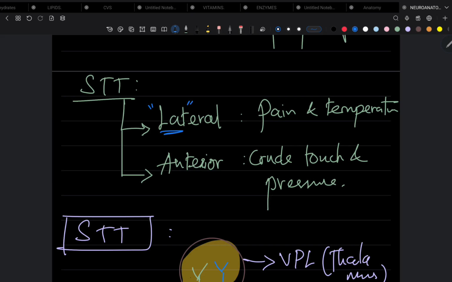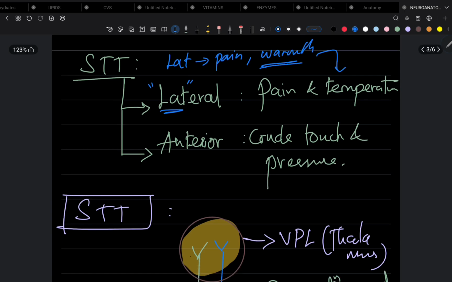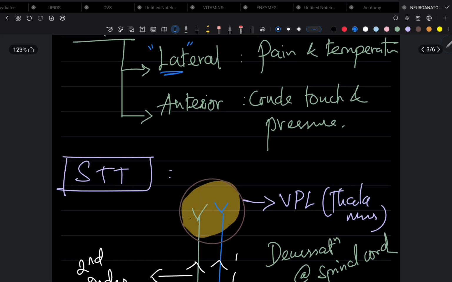A patient comes to you with pain in the lat, and when you palpate the muscle, you feel warmth. Warmth is nothing but temperature. So the lateral spinothalamic tract is for pain and temperature, and the anterior spinothalamic tract is for crude touch and pressure.